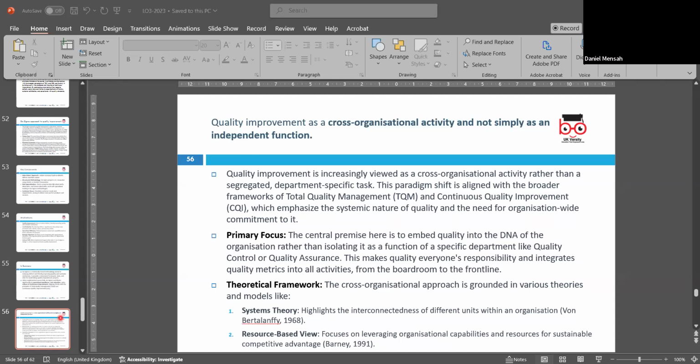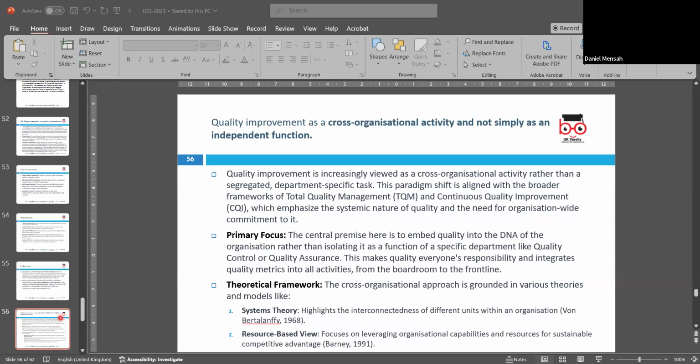I think it should be embedded into all aspects of the organization. Everyone should be responsible towards total quality management, from leadership to frontline workers. So we talk about quality as a cross-organization approach.